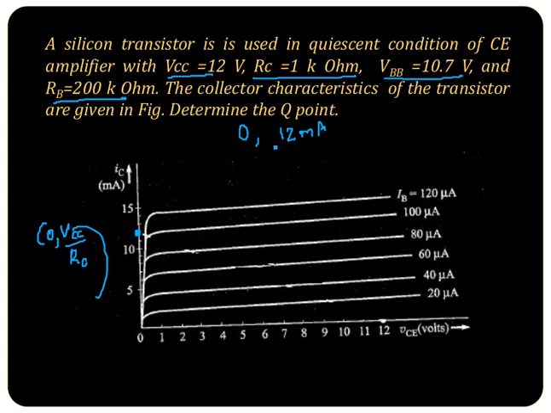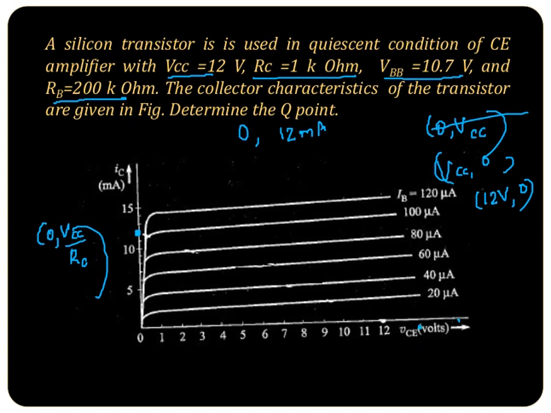And what about the x-axis? It will be VCC, 0, isn't it? Sorry, on the x-axis it is VCC, 0, and that will be 12 volt and 0. This is in volts.